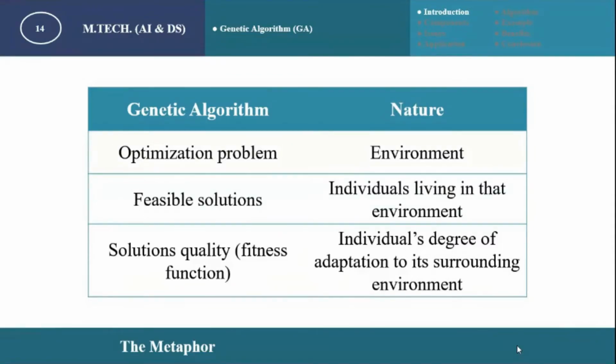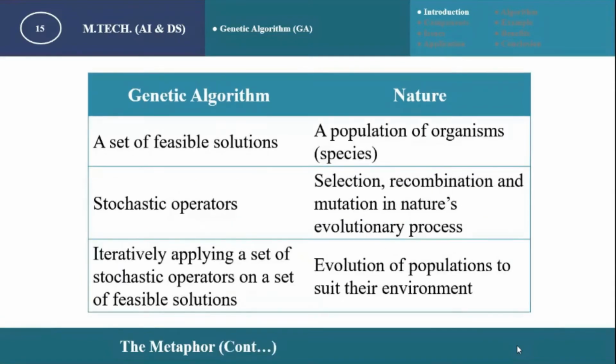In nature, the corresponding term is the individual's degree of adaptation to its surroundings and environment. That is the capability of survival of a particular organism or individual in the given environment. That is the fitness. And in genetic algorithm, if we consider a set of feasible solutions together, it is known as a population of organisms.